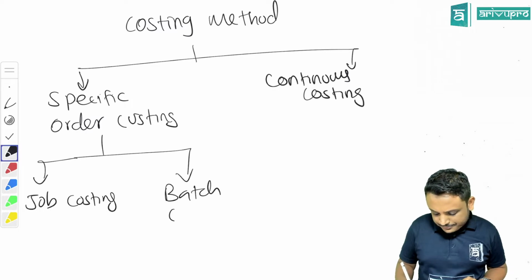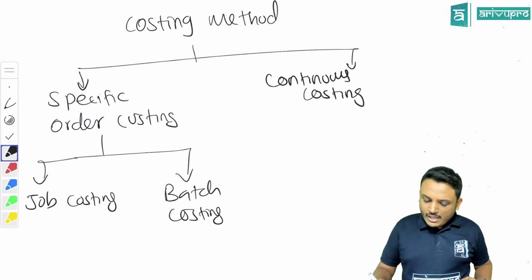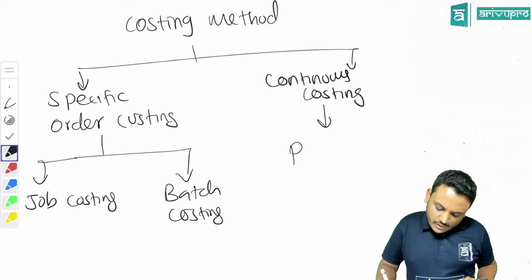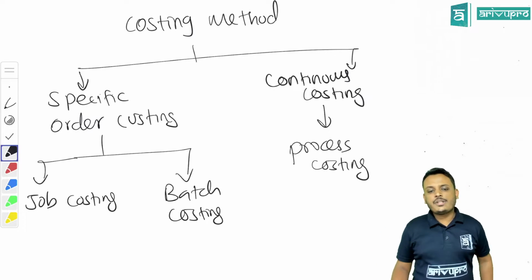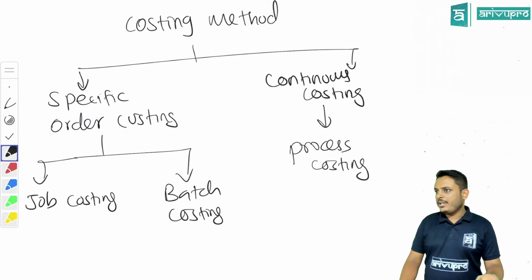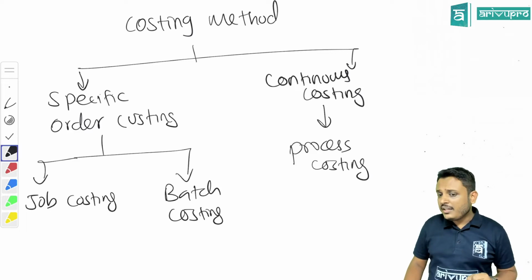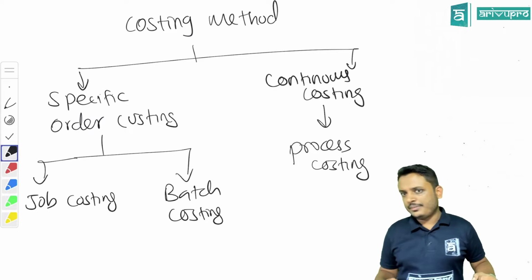Write it down. Continuous costing is process costing. So specific order costing has job costing and batch costing, and continuous costing is process costing.